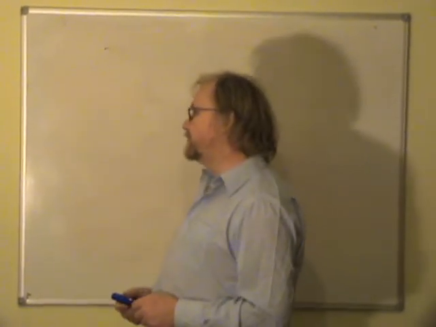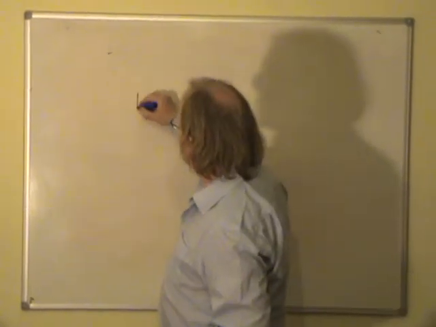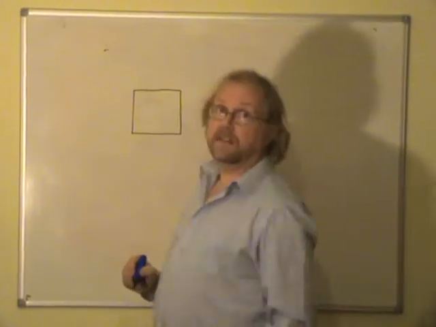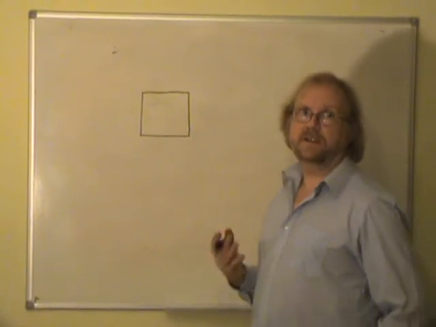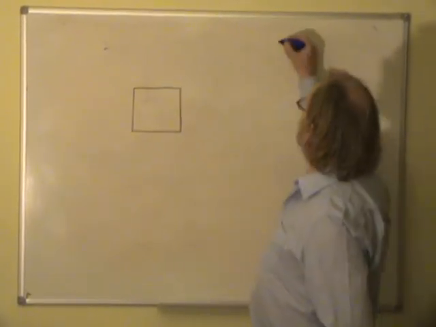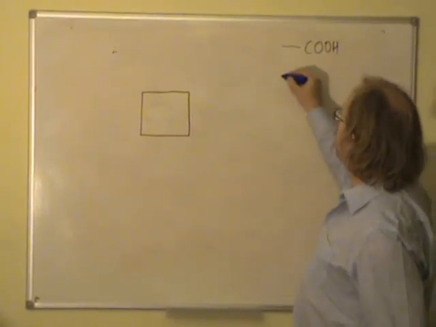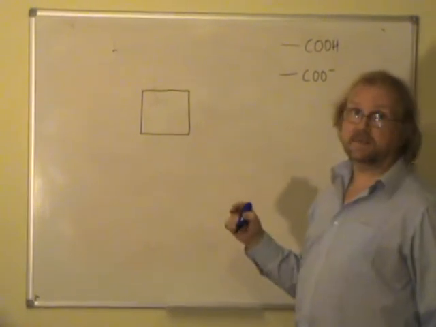Well, cyclobutane. Butane, remember, means 4 carbons. So cyclobutane will have 4 carbons in a ring. And then di means 2. And carboxylate, well, a carboxylic acid, remember, has COOH. So carboxylate is the ion you get from that when it loses H+.